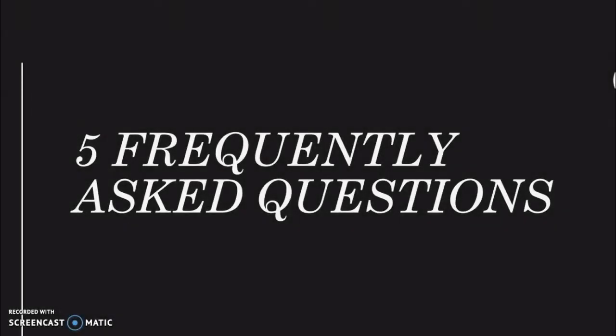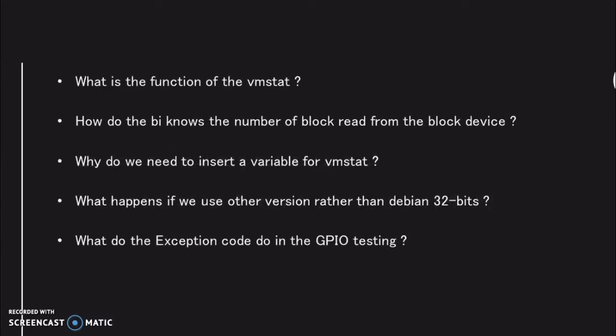Okay, the last part is the 5 frequently asked questions, which is the important part of the project. So let's see the first question. The first question is, what is the function of vmstat? And then, how does bi know the number of blocks read from the block device?